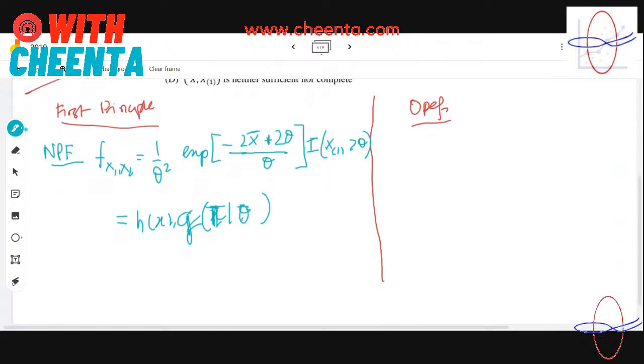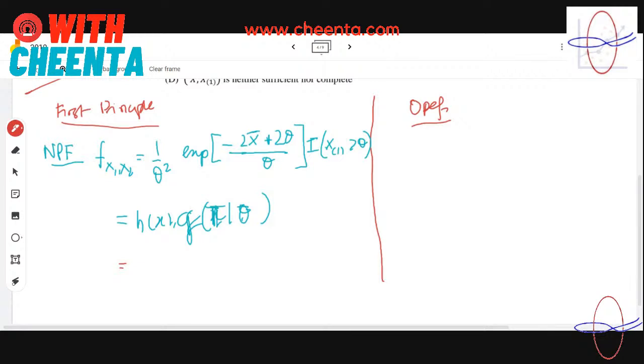So what is the h(x) form? We have to find out the h(x) form. There is no h(x) form over here. Is there any h(x) form over here? What do you think? You can understand it's not an h(x) form.